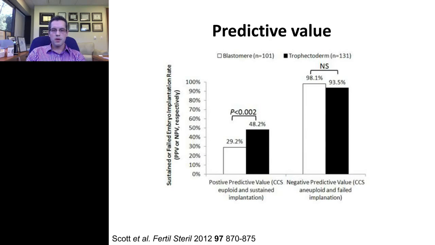And we also looked at the positive predictive value, which turned out to be much better when the assay was performed looking at the blastocyst stage embryo, so later in development. Taking a trophectoderm biopsy was more predictive of a positive outcome. When we predicted euploidy from a trophectoderm biopsy, those embryos sustained implantation more often than if we had a euploid blastomere from the embryo.